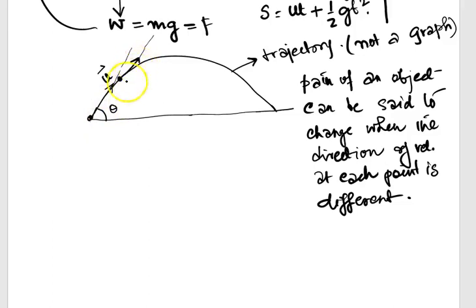Had this been parallel to this, that would have meant that this is going on along the same path.